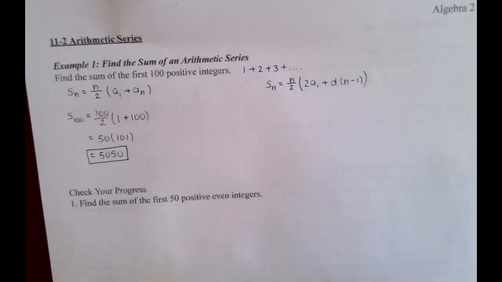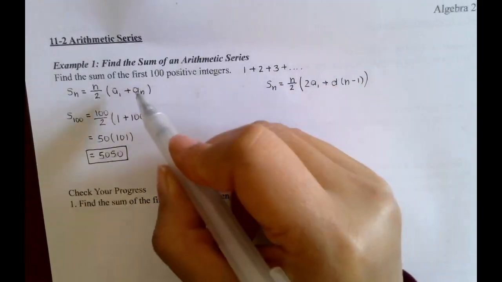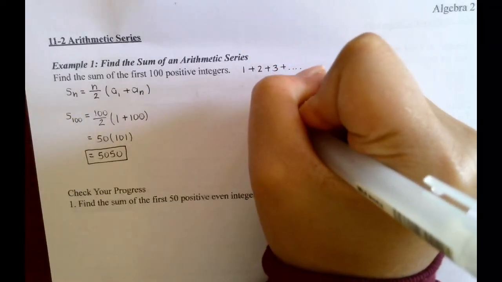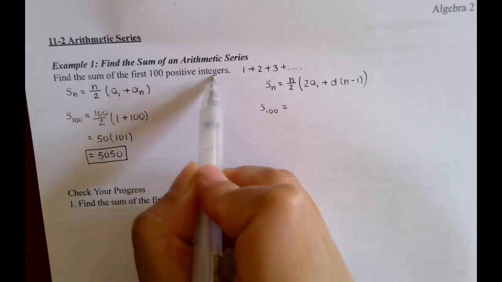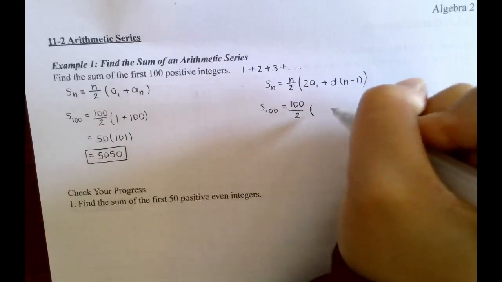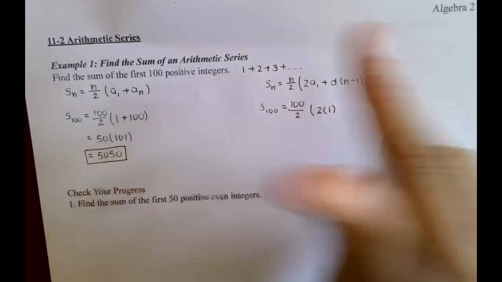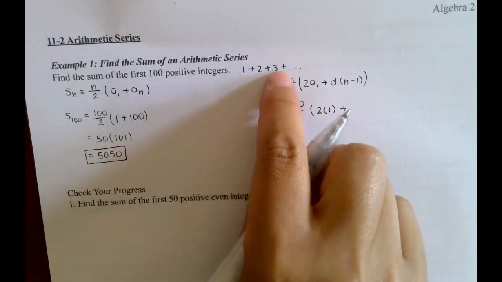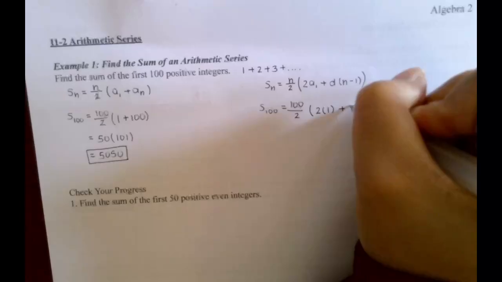You'll see that if we use the other formula, which comes from this a sub n, you'll get the same thing. So S sub 100, because it's the first 100 positive integers, is 100 divided by 2, times 2 times the first term, which is 1, plus our common difference. In each term we're adding one more: 1, 2, 3, 4, 5, adding 1.